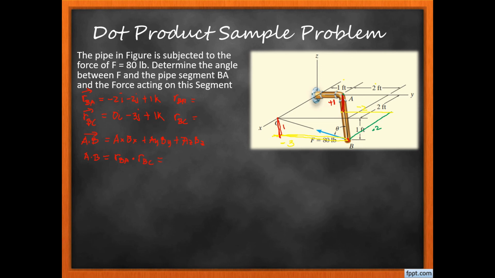That is equals to, so mayroon tayong 0 times negative 2 plus negative 3 times negative 2 plus mayroon tayong 1 times 1. So yung ating R BA dot R BC is equals to 7.